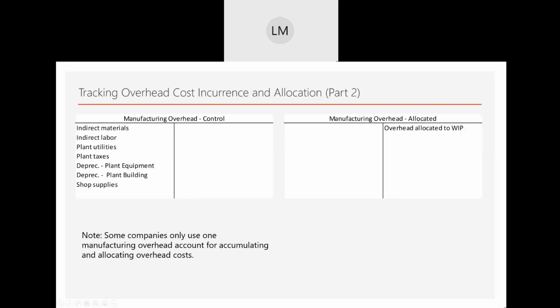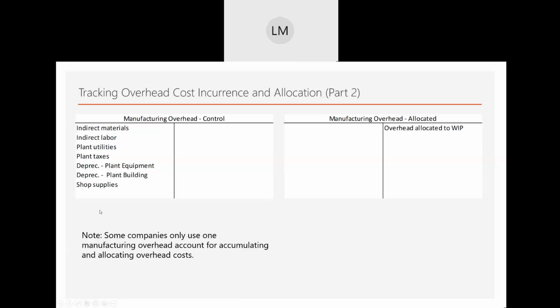So this is for overhead cost incurrence, and this is going to be the allocation of overhead. So whenever we incur costs associated with what? Indirect materials, indirect labor, plant utilities, plant taxes.